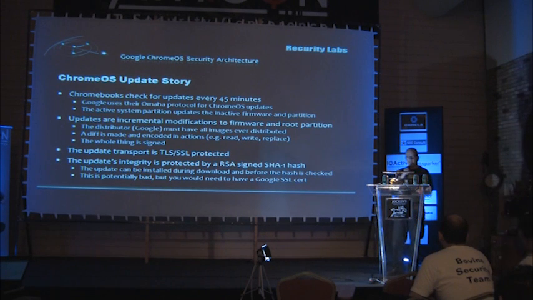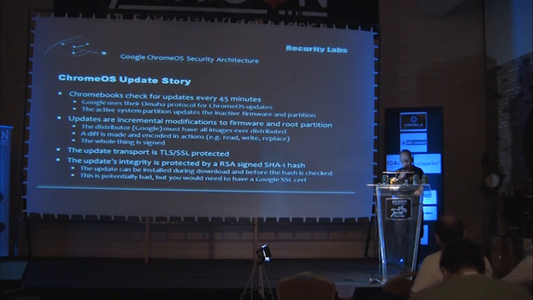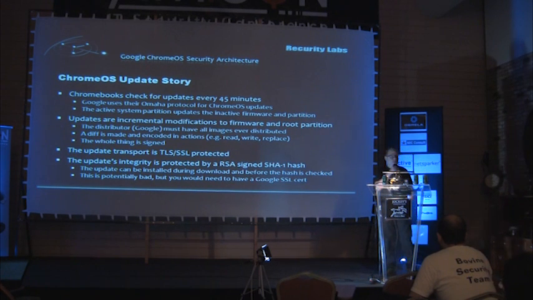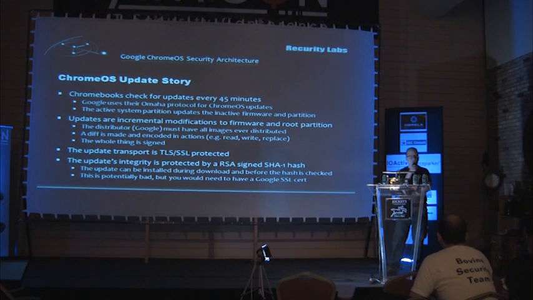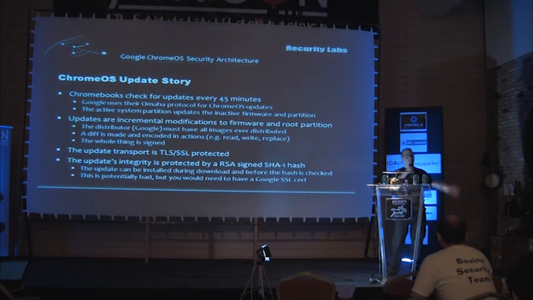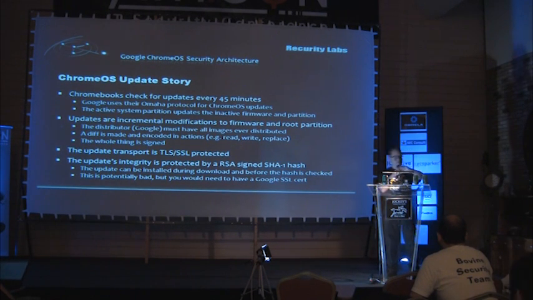What is again interesting here is a fairly brave approach. The integrity protection is checked after the update is applied. So they're not downloading the whole update, checking the integrity, and then applying the update. No, they download the update step by step and apply it to the other partition.